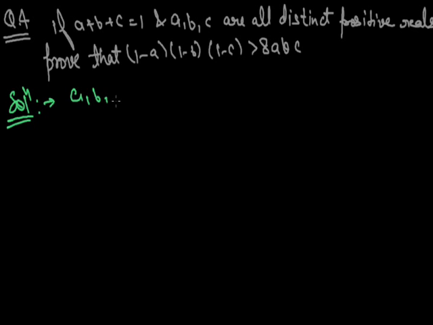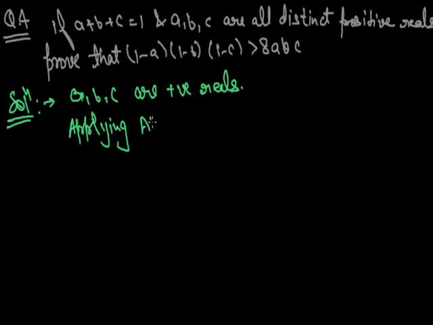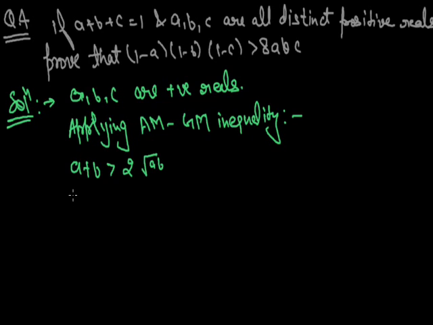As A, B, C are positive real numbers, by applying AM-GM inequality on these real numbers two at a time, we would have A plus B is greater than 2 root AB, B plus C is greater than 2 root BC, and C plus A is greater than 2 root AC.